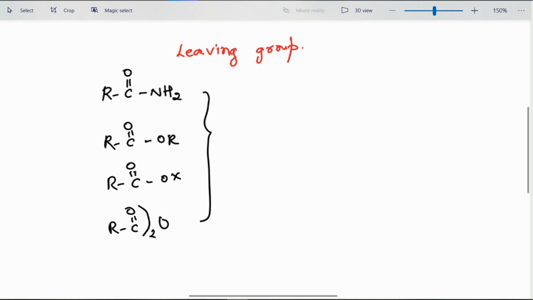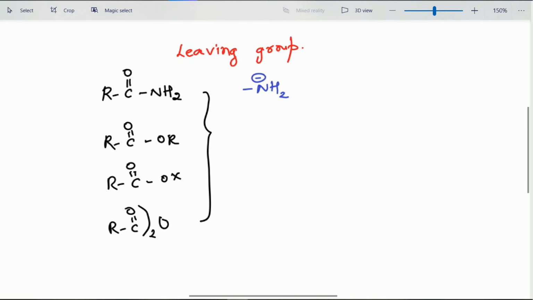For example, for the amide RCONH2, the leaving group is NH2, which is also denoted as NH2 minus.